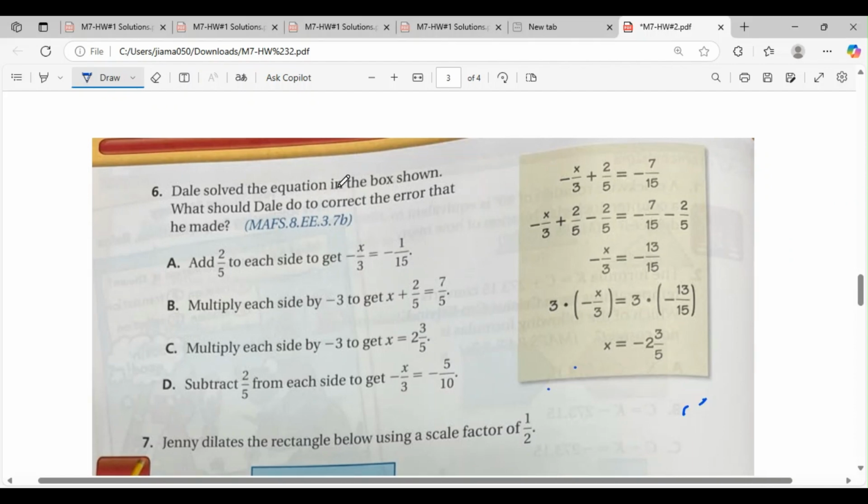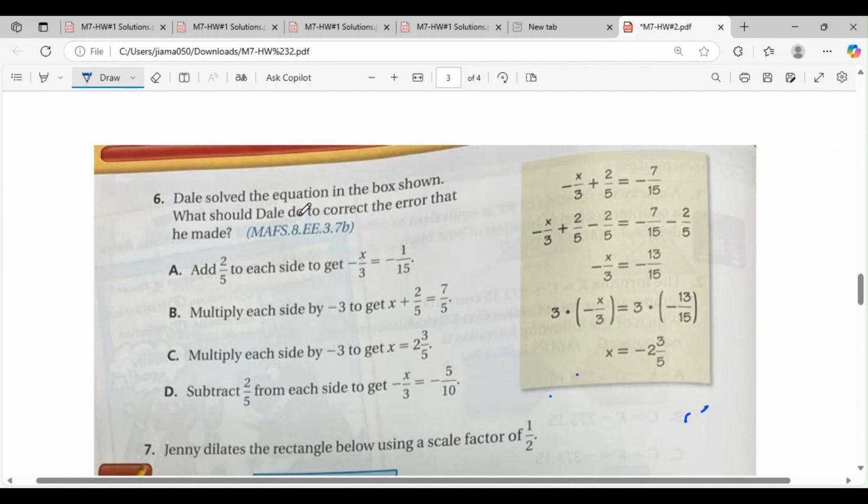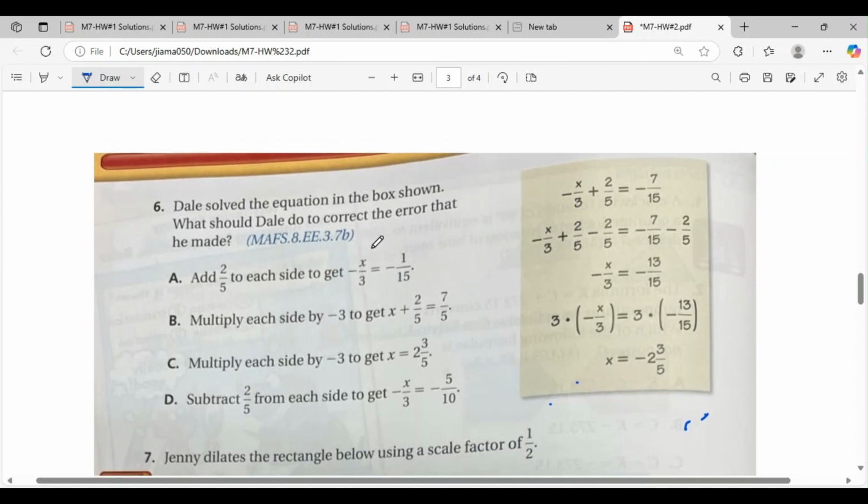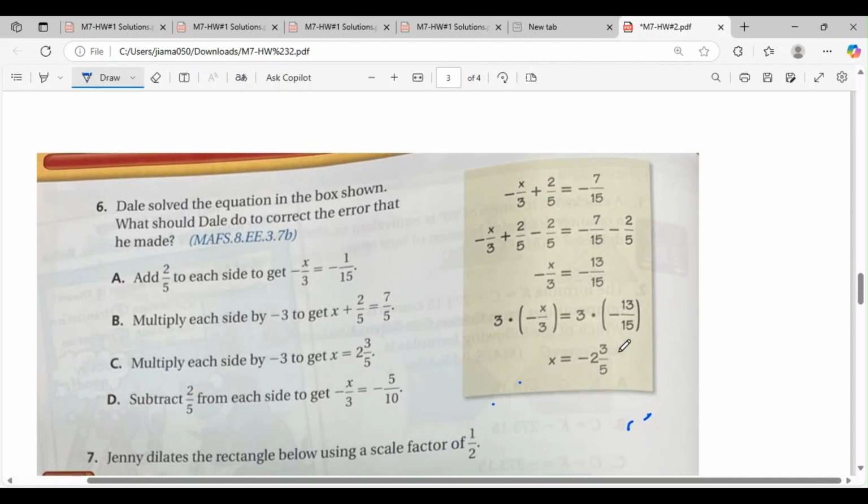Number 6. Dale solved the equation in the box shown. What should Dale do to correct the error that he made? Let's see.